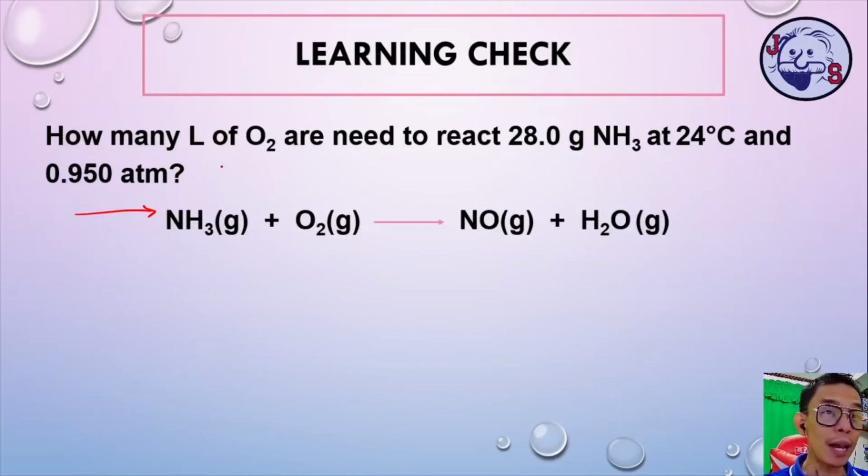So let's balance this equation first before anything else. We have ammonia plus oxygen giving nitrogen oxide and water. We can have 4 over here, and possibly 5 over here.